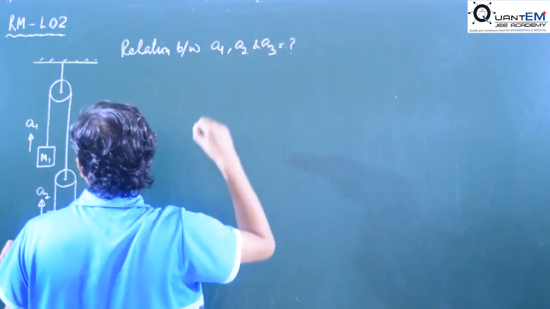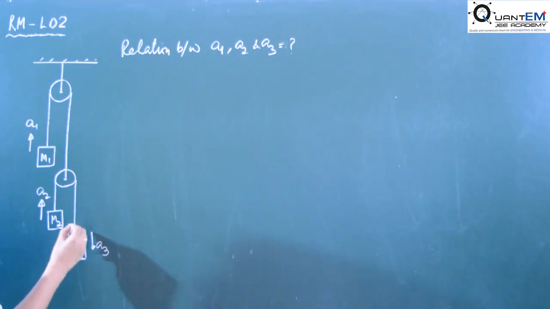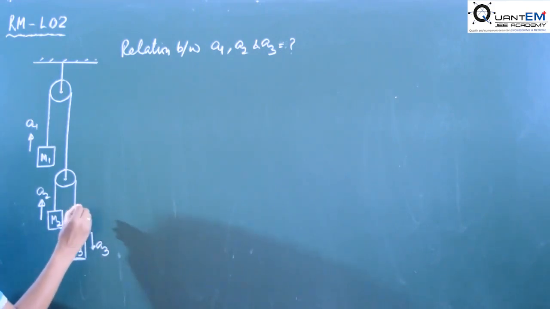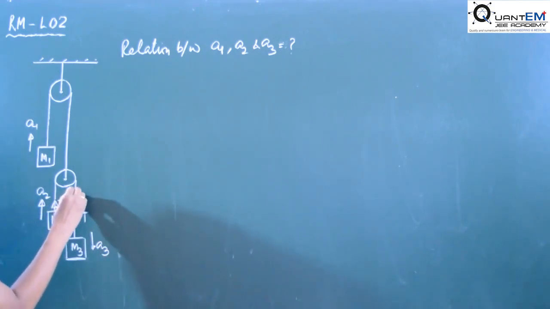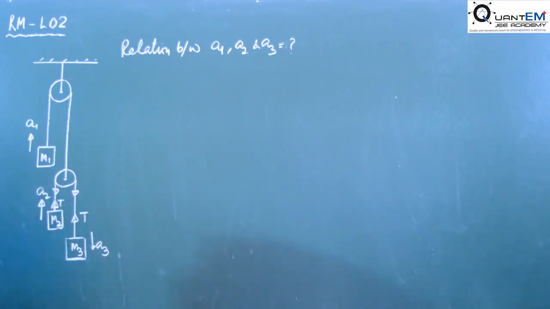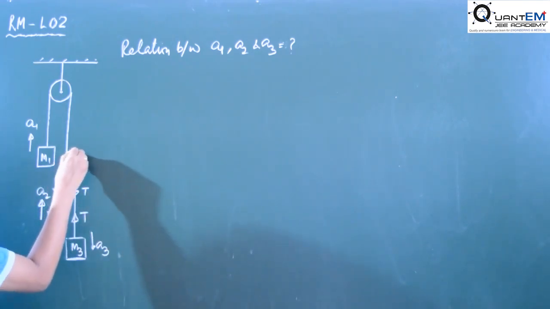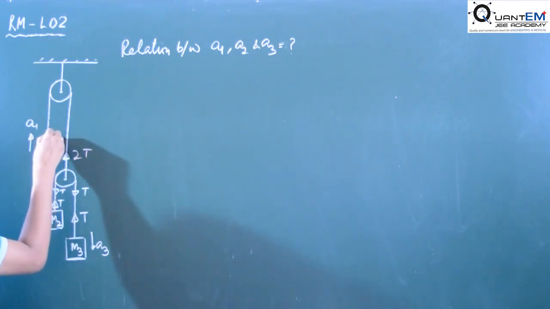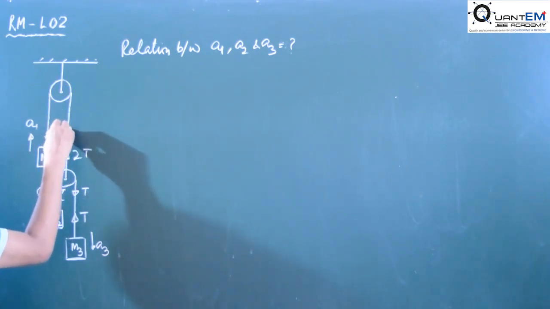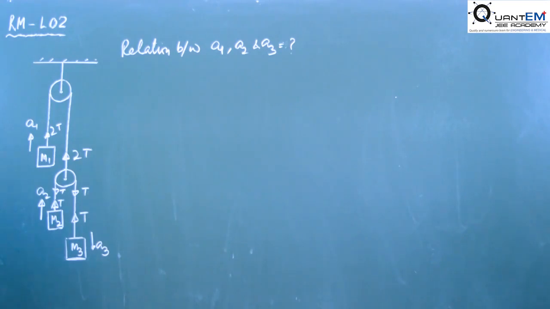Okay, so see, suppose here tension is T. In inextensible strings we have T and T, so T plus T, we have tension here 2T. In this string at each point tension is 2T.